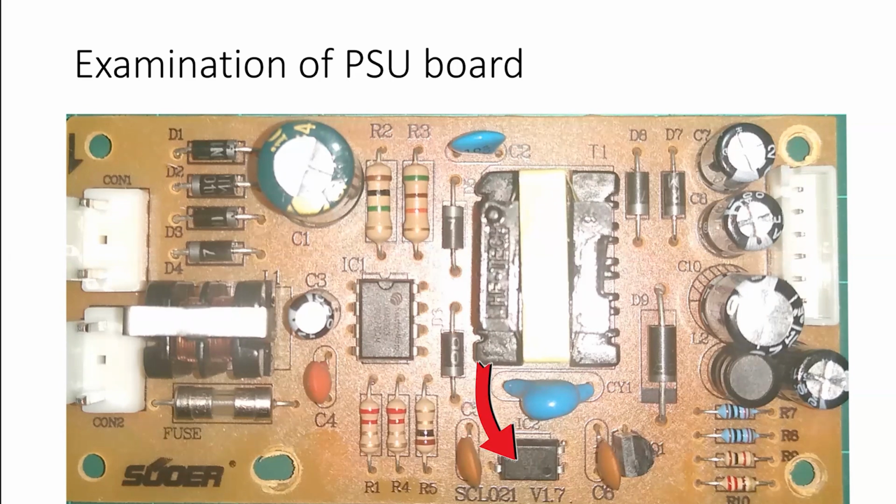And down at the bottom there, IC2, which is an opto isolator. And what that is doing is sending back signals from the output again to IC1. IC1 is the chip that's the switch mode regulator. I've got no idea about IC1, so we're going to have a look at that.